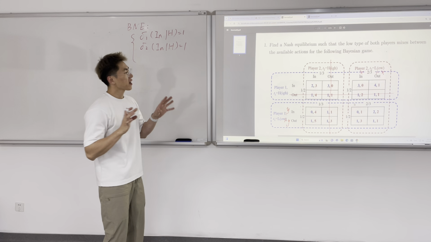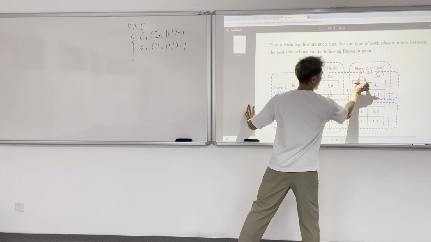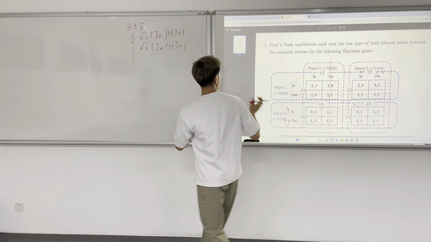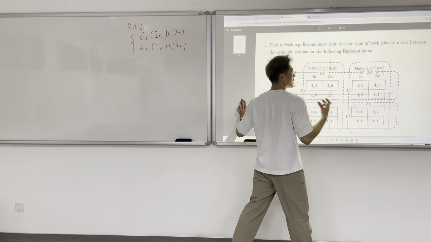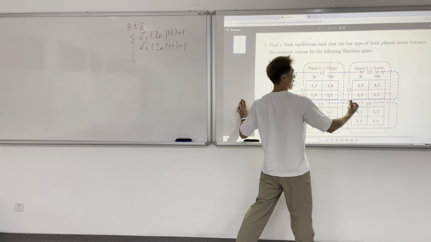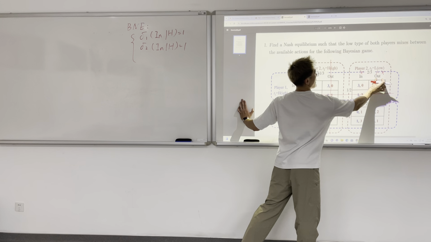So, for player 2 to mix between in and out, we need to guarantee that the low type player 2 gets an equal payoff by playing in and playing out.